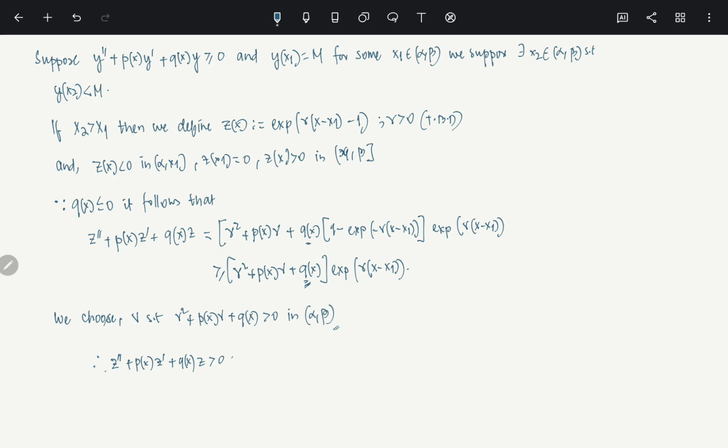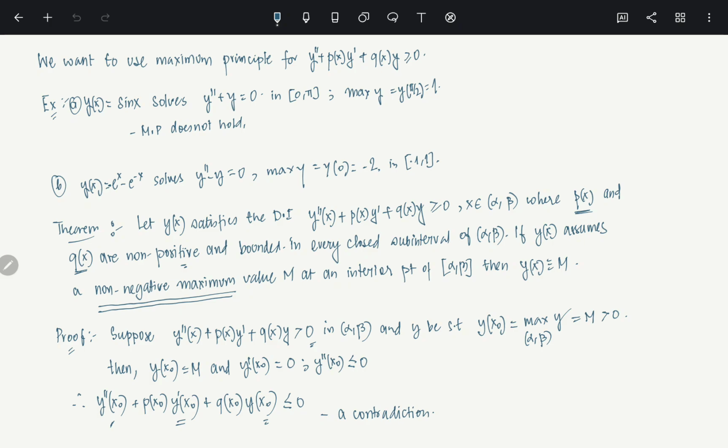Now what we do then is, one second, I missed something. I don't think so. Yeah, this is fine, right? So once this is positive, then this expression containing z is also positive. So we can use this particular thing.